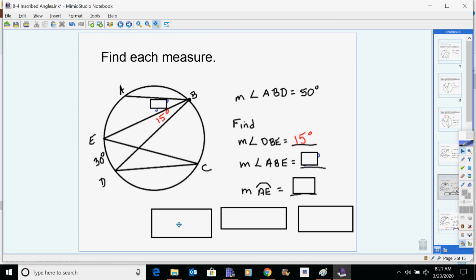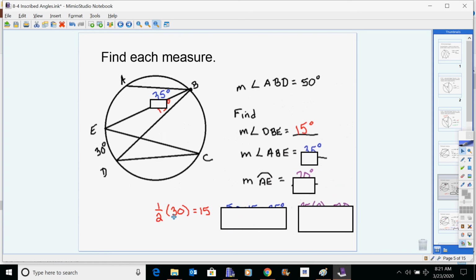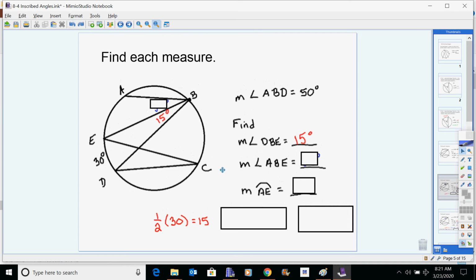So you're taking 50 minus 15, which will give you 35. There will be your angle, because 35 plus 15 gives you 50. So 50 degrees for the whole thing, 35 degrees for angle ABE.